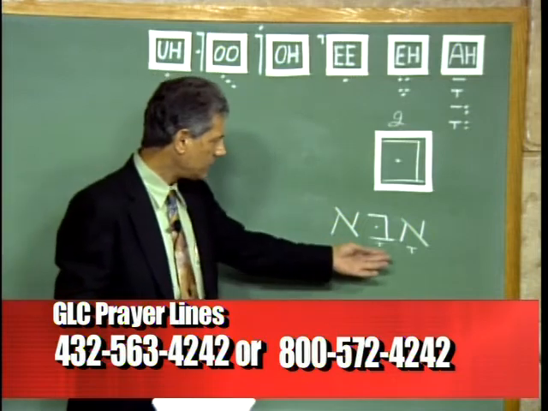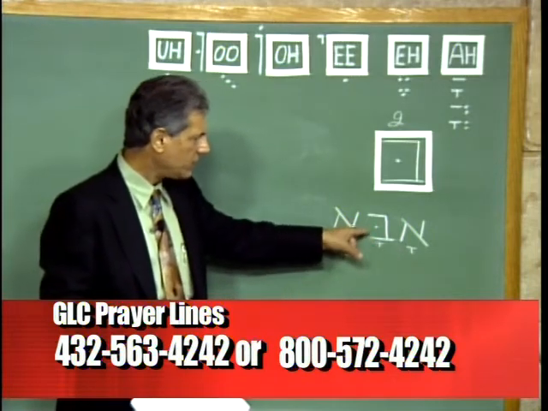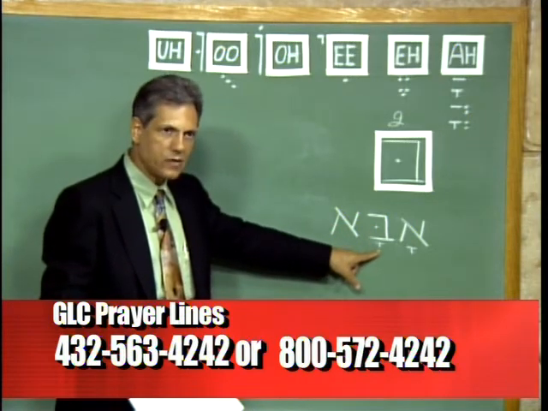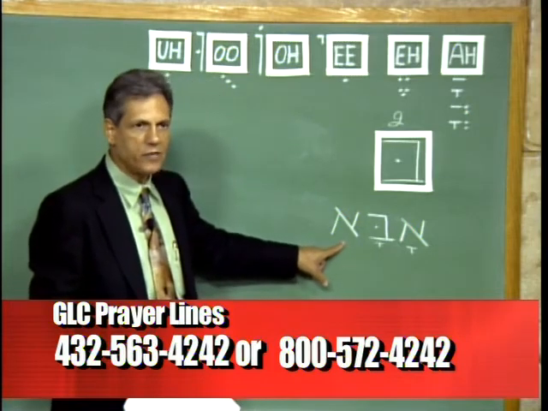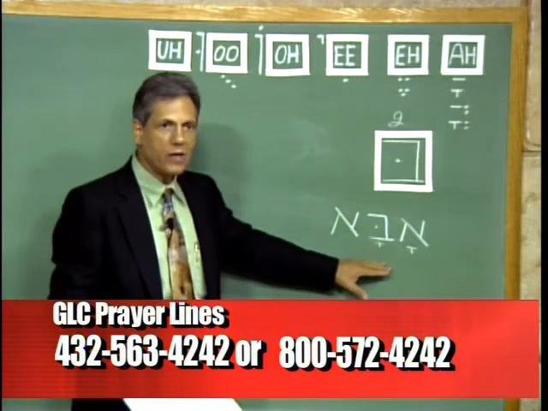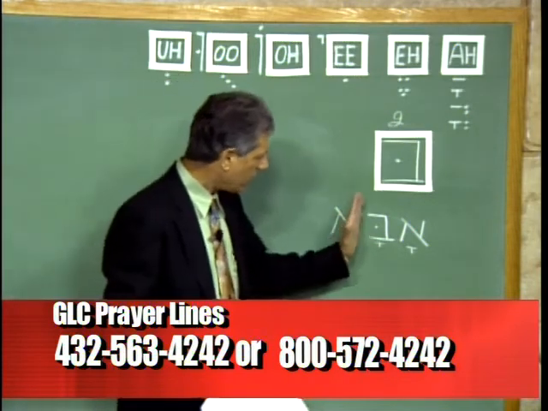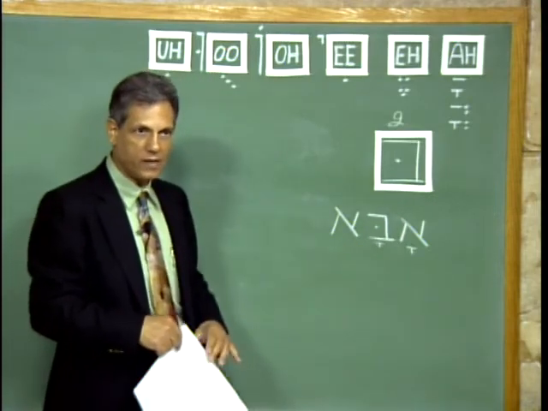In this case, we have Aleph with an A sound, A. We have a Bet with a dot in the middle with a B sound. We have an A sound underneath. So it's A, Ba, and the last Aleph has no sound. So it's silence. Abba happens to be in Hebrew more like daddy. So we have Av, which is father, and then Abba is more like daddy.